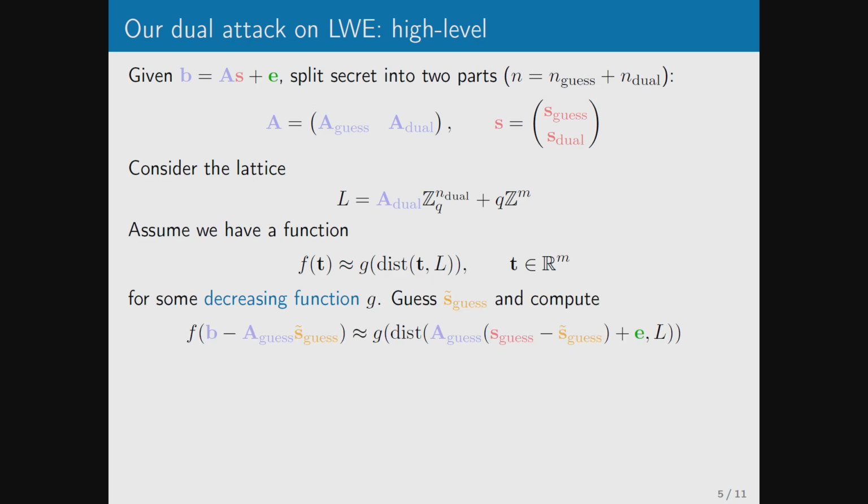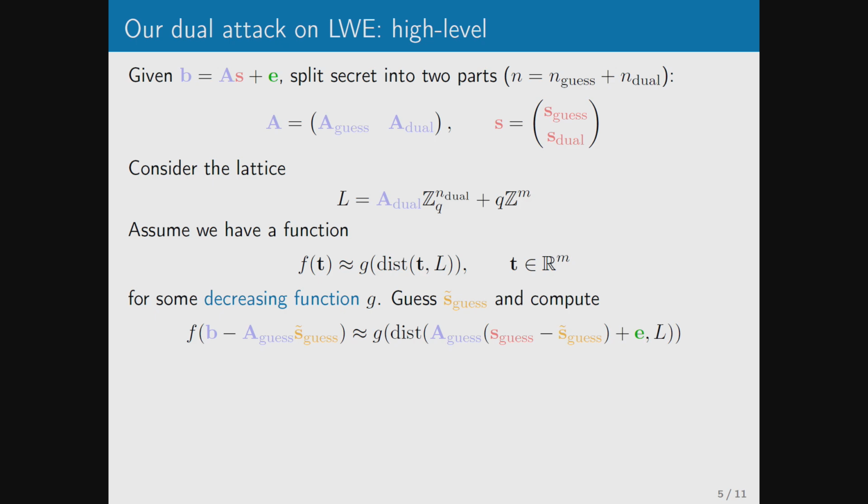Then the attack becomes quite straightforward, at least for correctness. We make an educated guess on the secret, and we just evaluate this magical function f on B minus our guess. Because L is constructed from A dual, the dual part of B completely disappears, and we're just left with the error plus the guessing part.